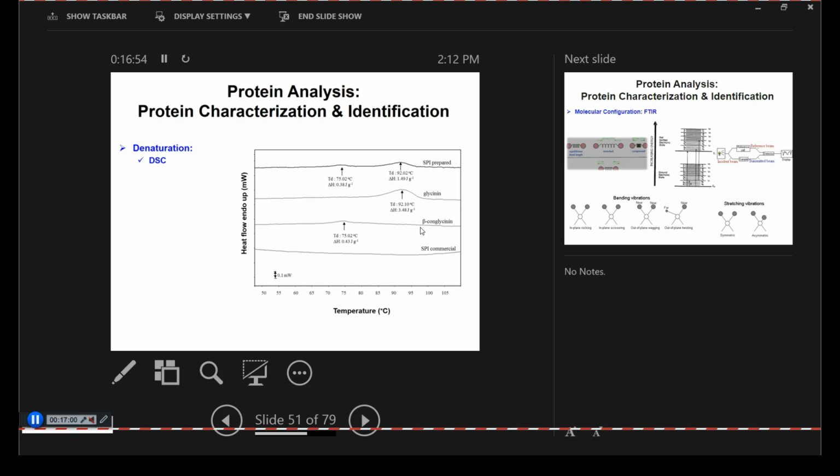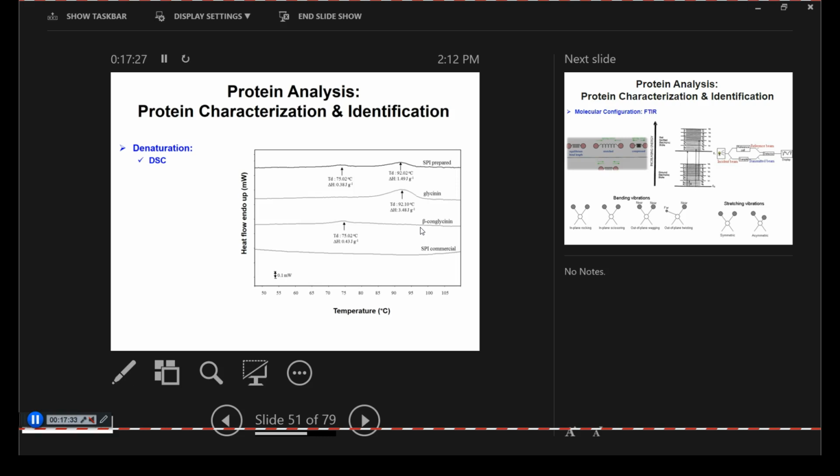Perfect. So what we do in this instrument is you put your sample in a small compartment, container, and then you place that in a compartment in the instrument, and then you generate a heat flow within the instrument. You program it to increase the temperature over time. Sometimes it's 5 degrees Celsius per minute, or you can say 10 degrees Celsius per minute.